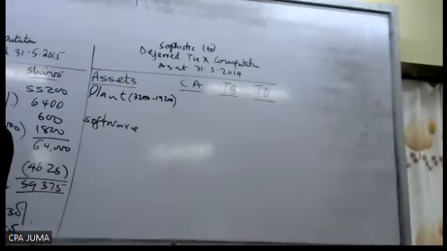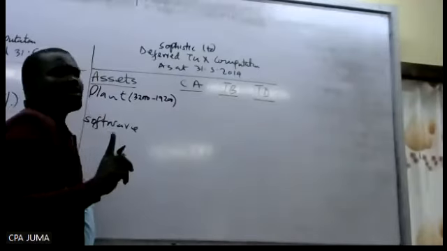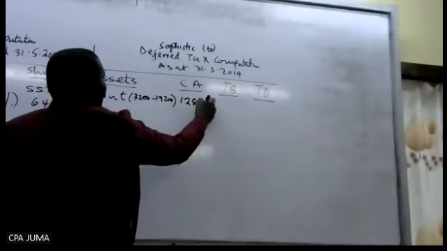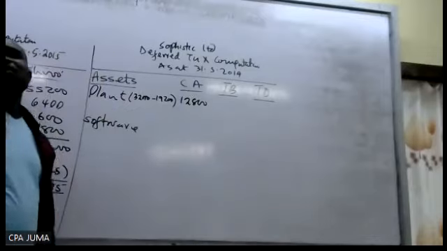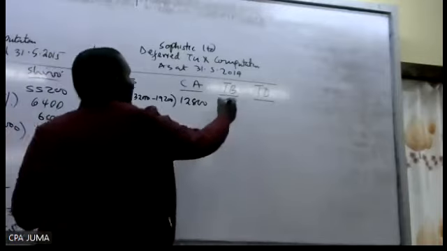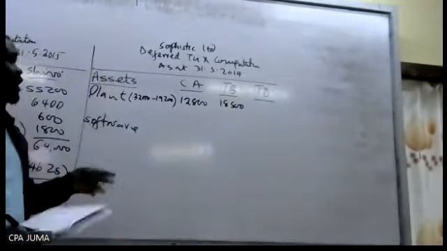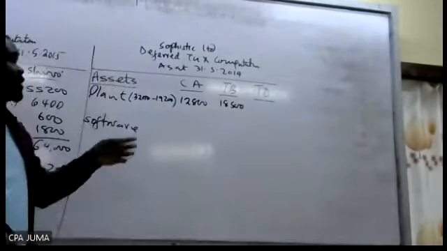The carrying amount is how much? 12,800. Understood? Tax base is the written down value 2014 for that asset, which we are not even struggling with: 18,500. Temporary difference, that minus that.